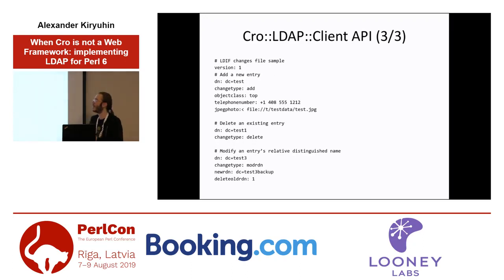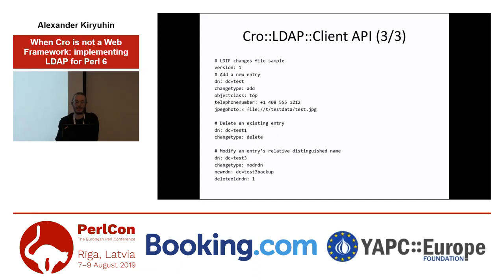And the second kind is that LDIF can contain not just entries, but a description of modifications to entries. So, for example, you are saying that for DN, DC equals test, you want to edit, and for DC equals test1, we want to delete it, and things like that.